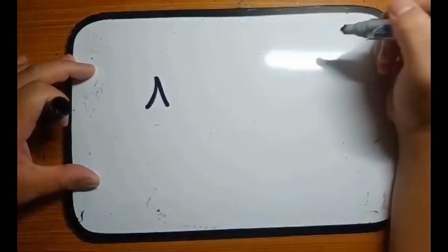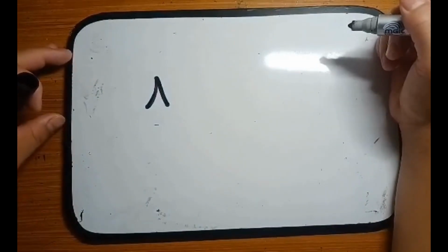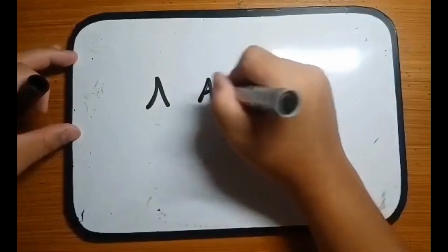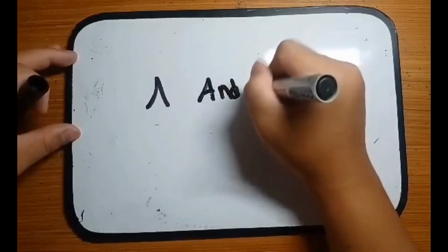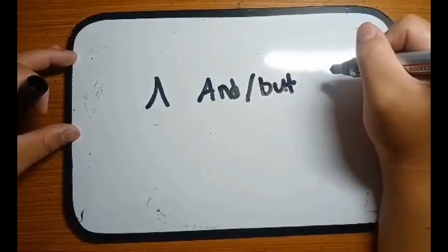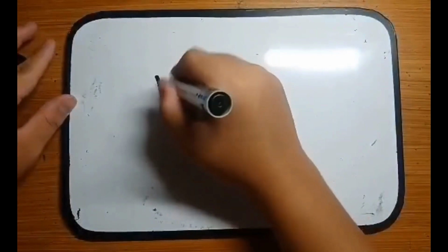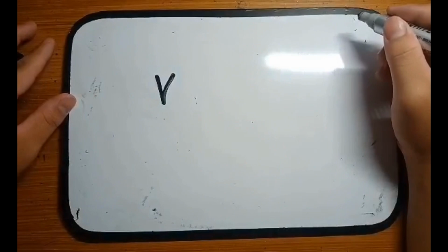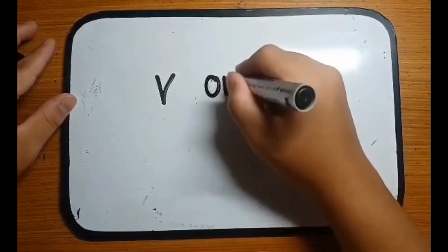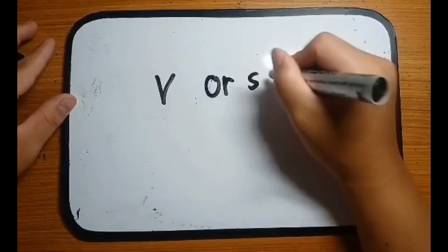Caret mark is used in conjunction propositional logic, or "and" or "but" statement. This wedge or V symbol is used in disjunction propositional logic, or "or" statement.